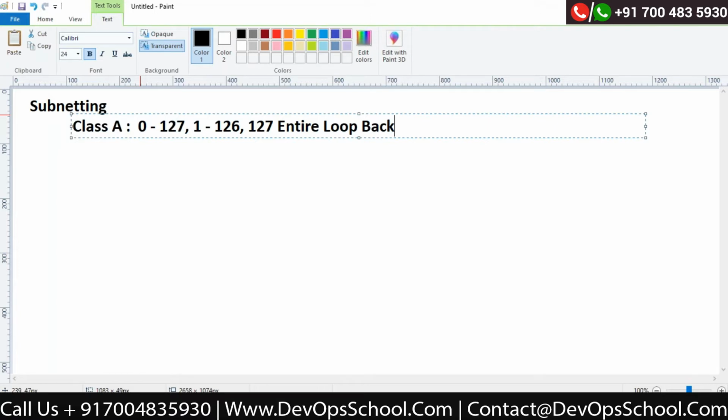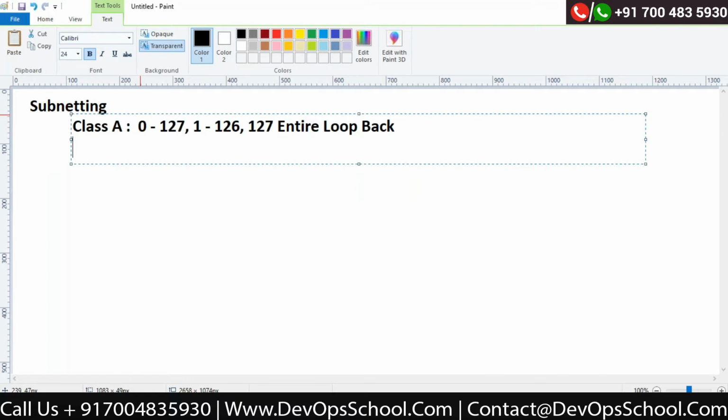Agree? Now, what are the rules applied for class A? How many bits are for the network and how many bits are reserved for your host? Means, what is the bit calculation? Kindly put it in the chat. How many bits are reserved?